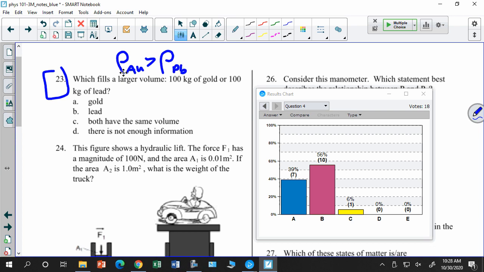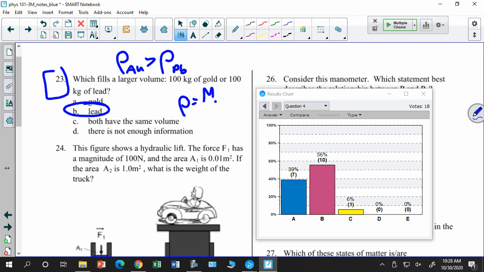If the question was which takes up more space or which fills a larger volume, 100 kilograms of gold or 100 kilograms of cotton balls, what would be the answer? The cotton balls, they take up a lot more space because their density is less. And so whichever of these has the lower density is the one that's going to take up more space.